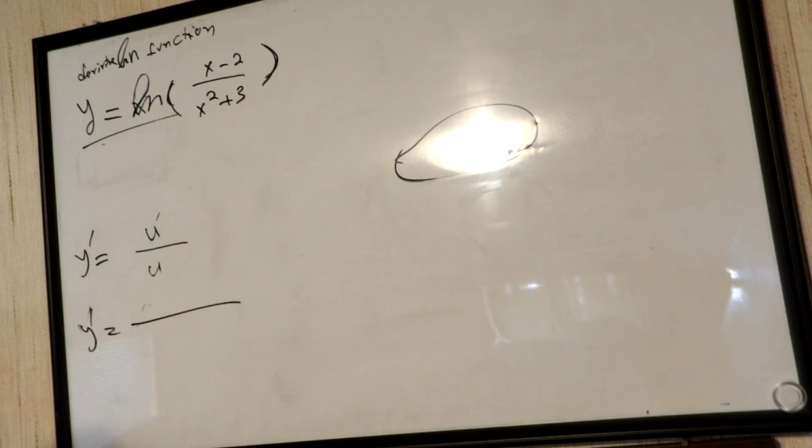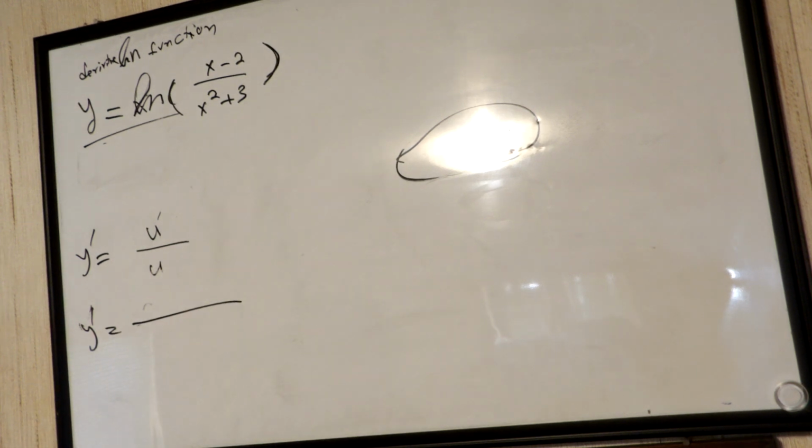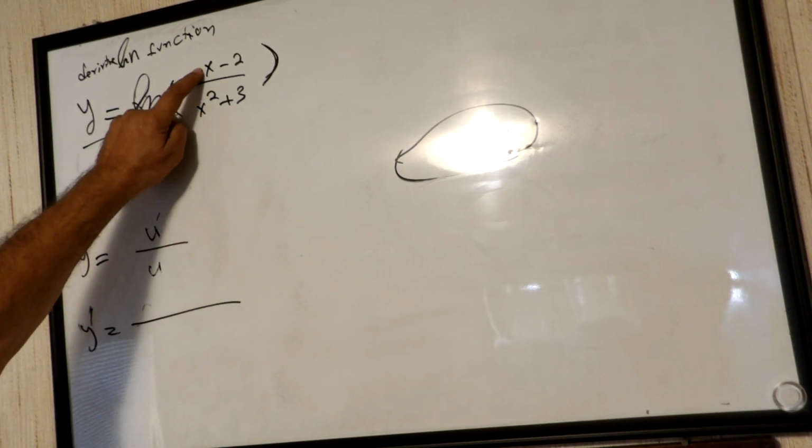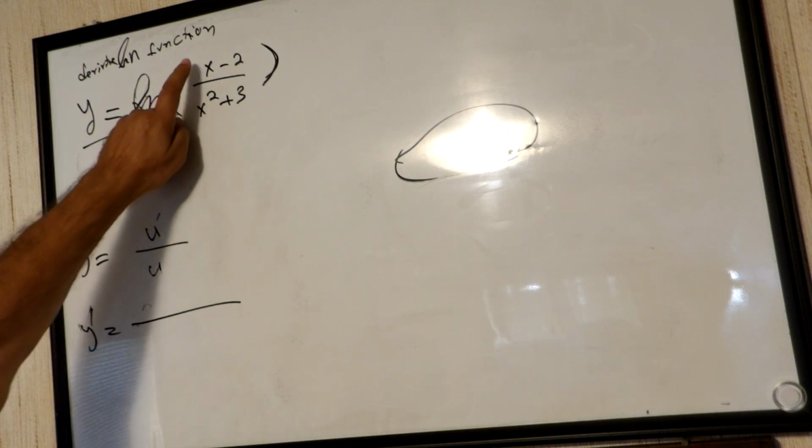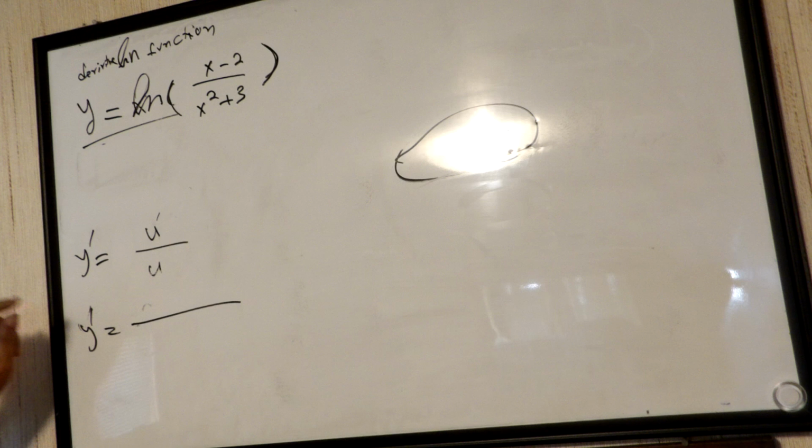This is long, because what you do is the derivative of this one times this one minus the derivative of this one times this one. That is u prime. So let's do it.